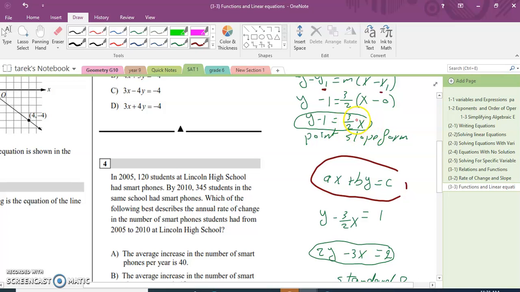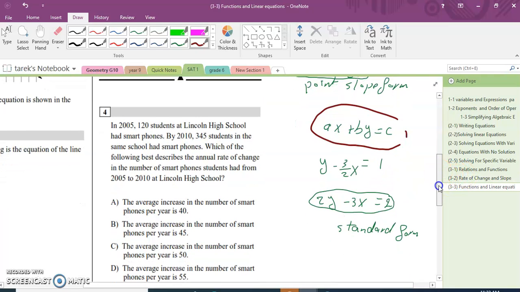If you move the 3 over 2 x to the other side and the 1 to the right side, it will be y minus 3 over 2 x equals 1. And then multiply all by 2 to get rid of this 2. So it will be 2y minus 3x equals 2. Now I got the x and y on the left side and the number on the right side. This is called the standard form of the equation of the line.